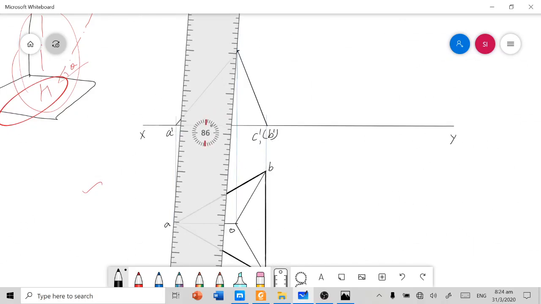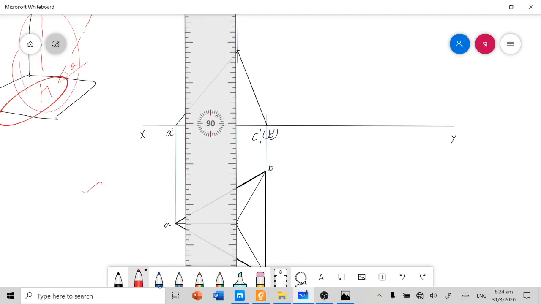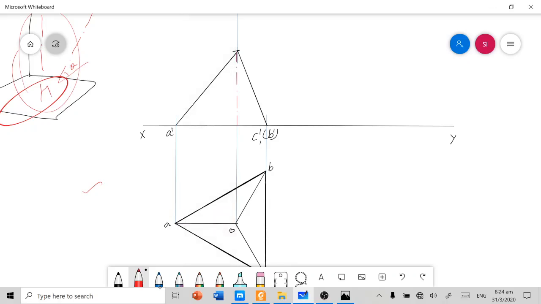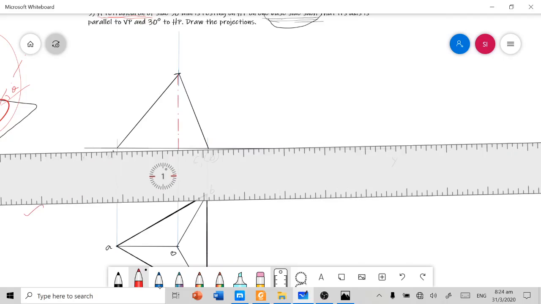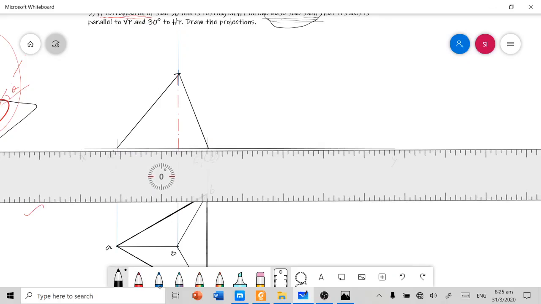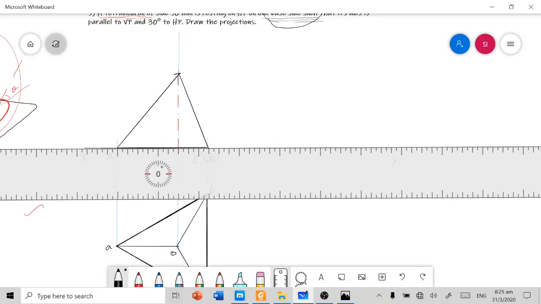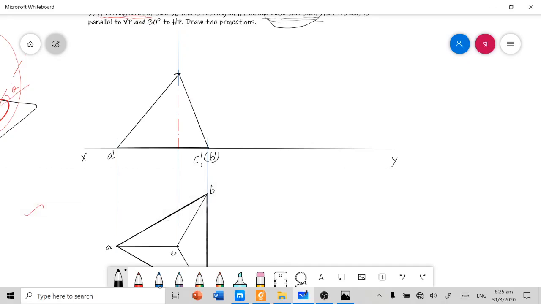This is your axis, and you need to draw the axis in the prescribed format. Now this is the front view of the solid.